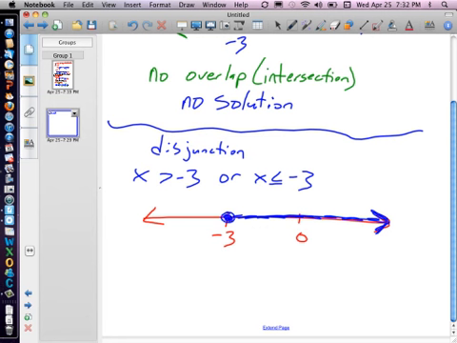That would fill it in and bring it left. So all real numbers is the answer. Everything works. Okay? Like negative 10 or 1/2 or 3.27. Those are all answers that will work.